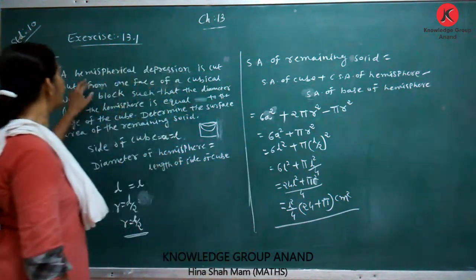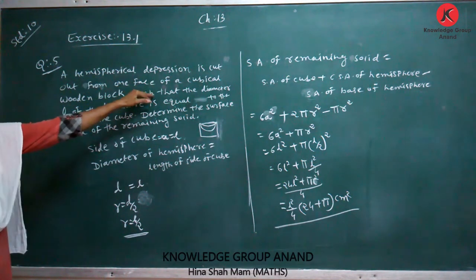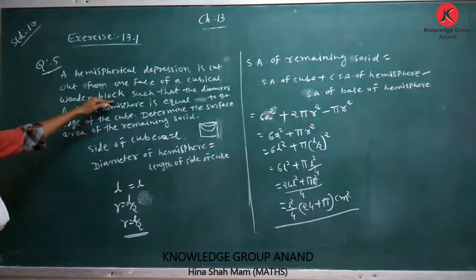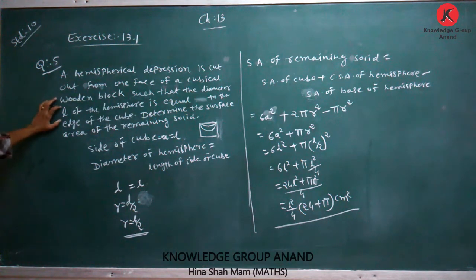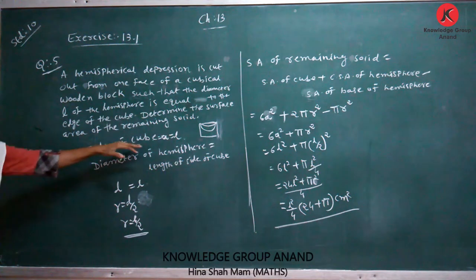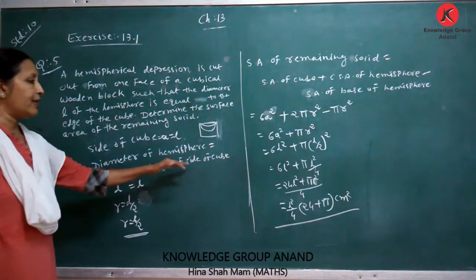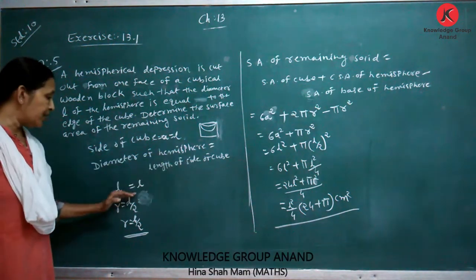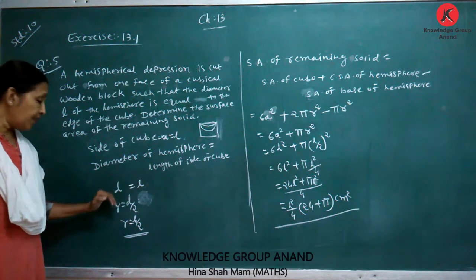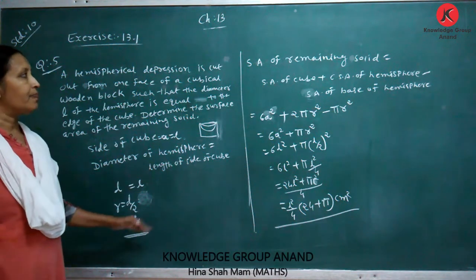Again, this question: a hemispherical depression is cut out from one face of a cubical wooden block such that the diameter L of the hemisphere is equal to the edge of the cube. Determine the surface area of the remaining solid. Side of cube is L. Diameter of hemisphere is equal to length of side of cube, D is equal to L. But we want R. Radius is equal to diameter by 2, so R is L by 2.